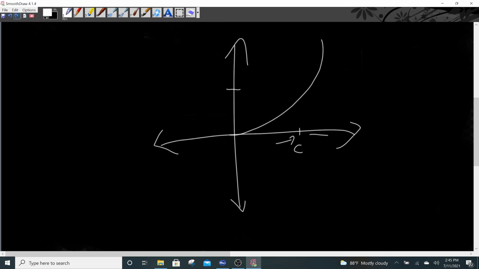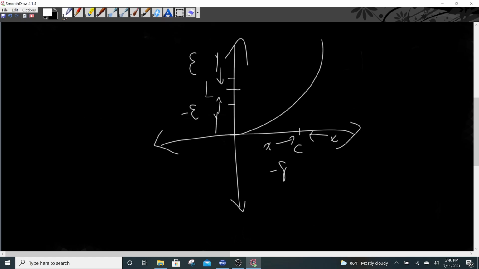Actually, I'll keep the arrows just to say that x from both sides, left and right, from negative delta to positive delta, are getting closer and closer to c. And similarly, the y values are getting closer and closer to L from negative epsilon to epsilon.